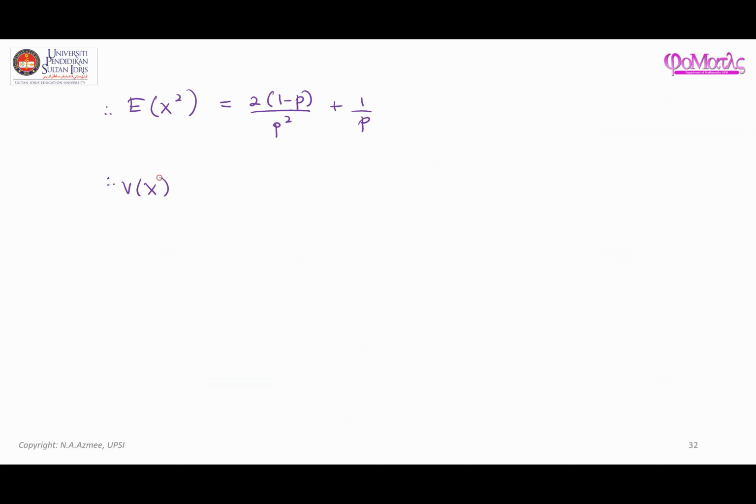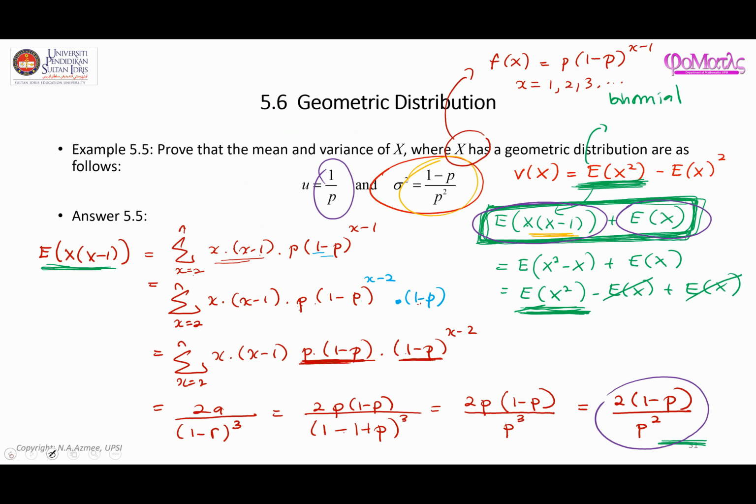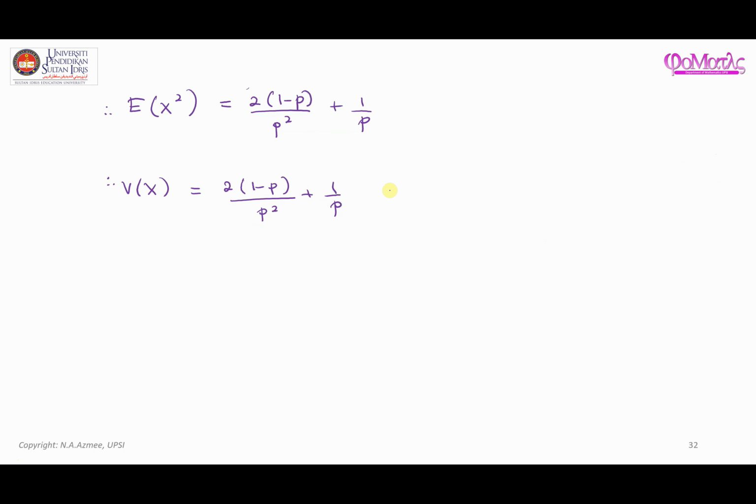Therefore, variance of X is going to be this guy. So it's going to be the whole thing here, (1 minus p) squared plus 1 over p. So that is E[X squared]. We have to minus E[X] and you square it. So minus E[X], this is E[X], and you square it. So that is variance of X. And now let's just simplify what we have on the right hand side of this equation.